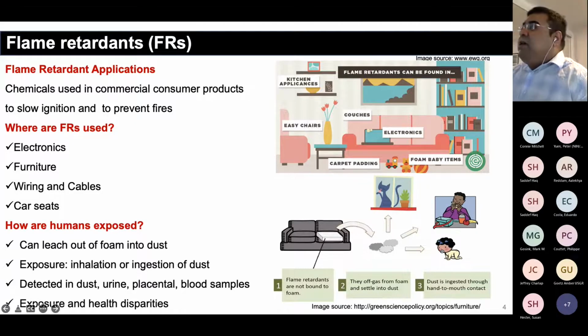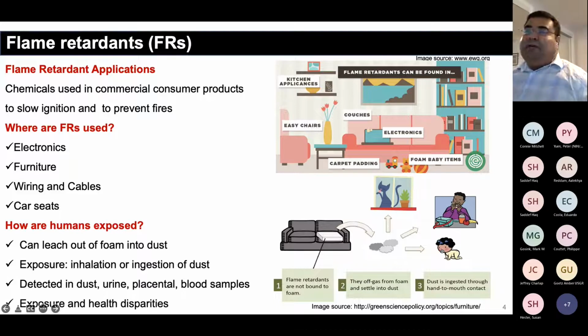But why are we talking about their health effects? This is because many of these flame retardants are what we call additive flame retardants, which means that they are not chemically bound to their end-use products, and then they can leach out into the indoor environment and can be integrated into the dust and lead to human exposures either through ingestion or through inhalation.